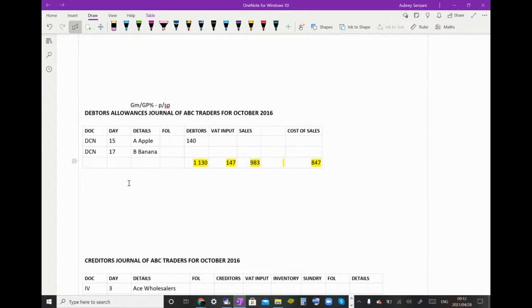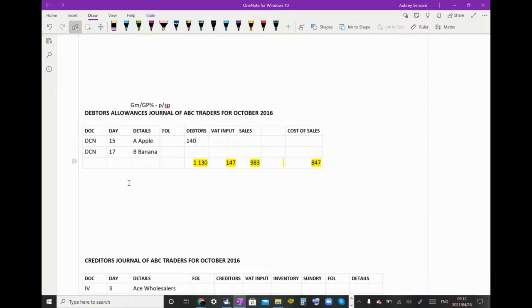That output VAT that you recorded in the debtors journal now needs to be reversed. And the only way that we can reverse output VAT is by doing an input VAT transaction. Does that make sense? Because remember, output VAT is what we need to pay over to SARS. Input VAT is what SARS needs to pay over to us.